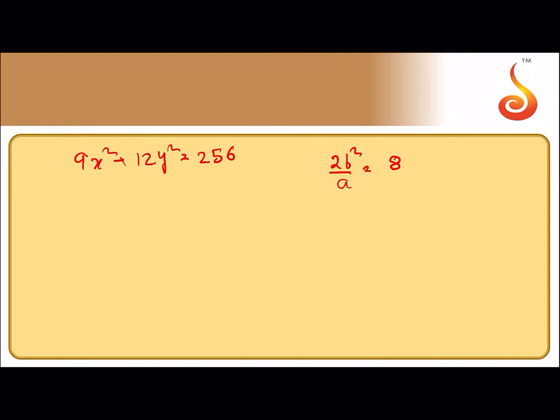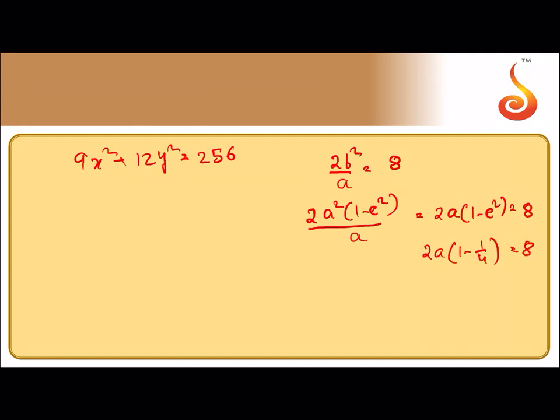I repeat once again. They gave you 2b square by A, the length of the latus rectum, as 8. 2b square by A is equal to 8. So we can write the b square value here itself. B square is A square into 1 minus E square by A. This will give you 2A into 1 minus E square is equal to 8, or 2A into 1 minus 1 by 4 equal to 8.